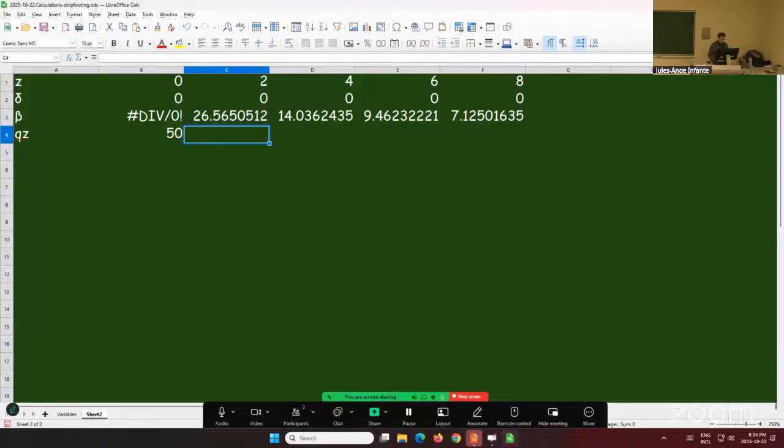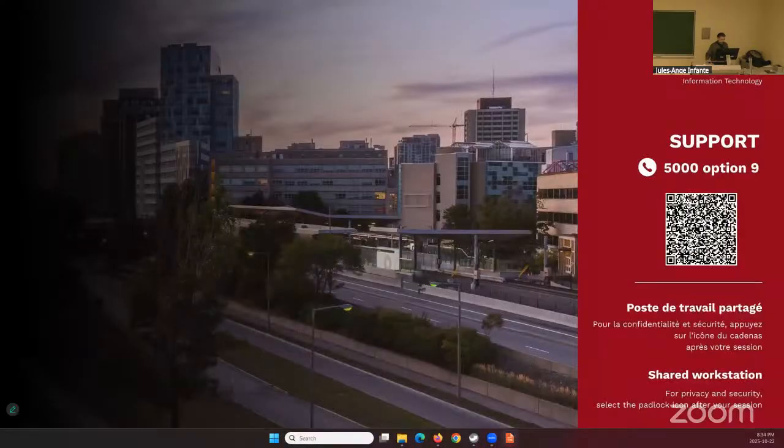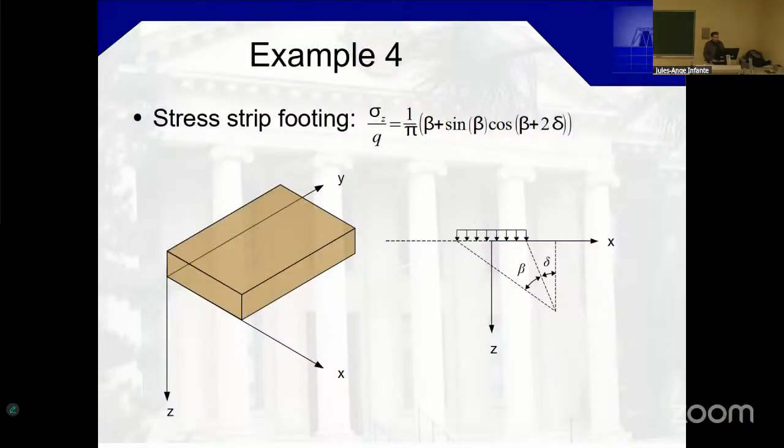So here we say that is equal to this over pi times beta plus sine beta cos beta plus 2 delta. I'm assuming that beta there is supposed to be expressed in radians, right? Because if we use it as a scalar, it has to be radians.